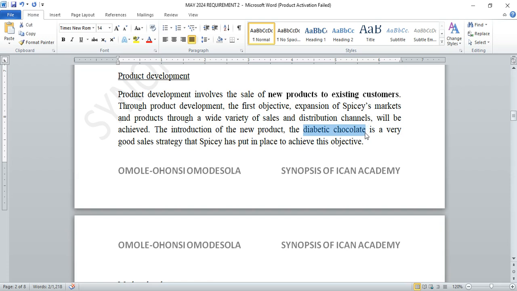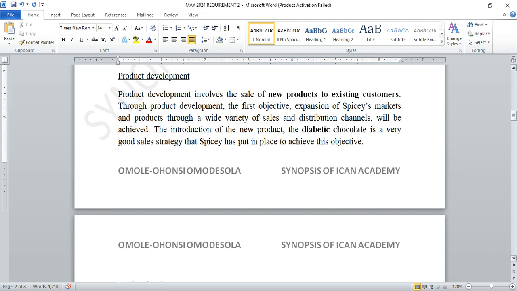So this diabetic chocolate that we're introducing, we want to start selling it to Abuja and Lagos residents. So now this will help us to achieve the first objective, which is to expand our market and product, to expand through a wide range of distribution channels. You understand? Because now we have a new product, we are putting it into the market, developing it.